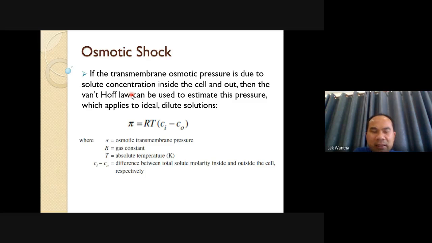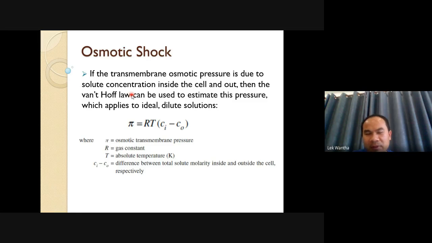Pi is the osmotic pressure, equal to RT times (Ci minus Co). Ci is the concentration of the solute, or mostly we talk about the salt inside the cell, minus Co. Co is the concentration of solute or salt outside the cell. Mostly Co is zero. Why is it zero? Because outside the cell is mostly pure water, and for pure water the concentration of salt is zero.